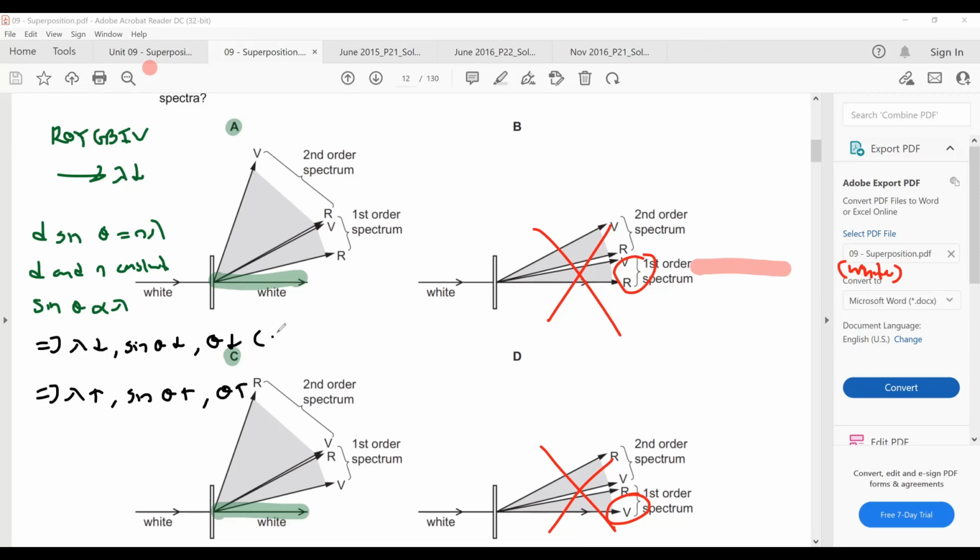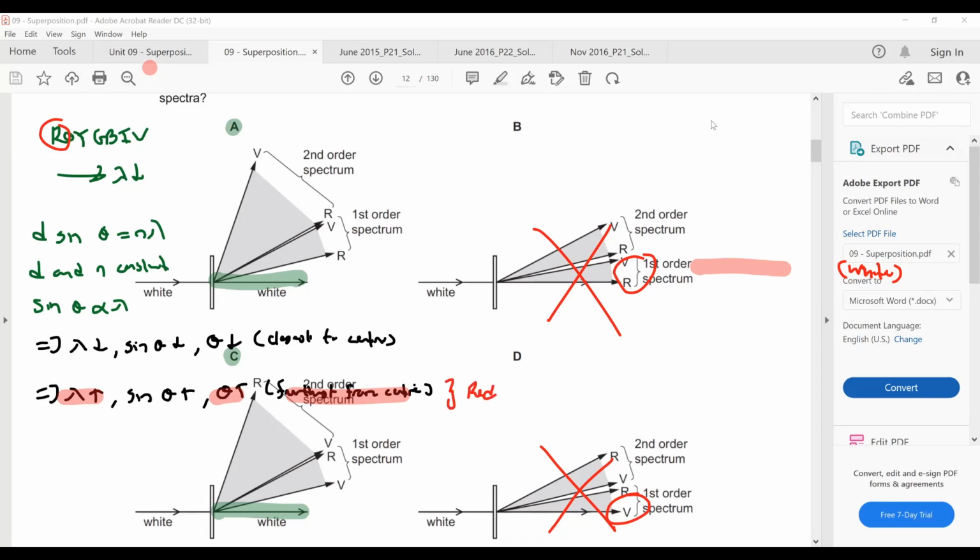This one is closest to center. This one is furthest from center. So which colors would these belong to? If you have the biggest wavelength, giving you the biggest angle, therefore furthest from the center, that will be red light.